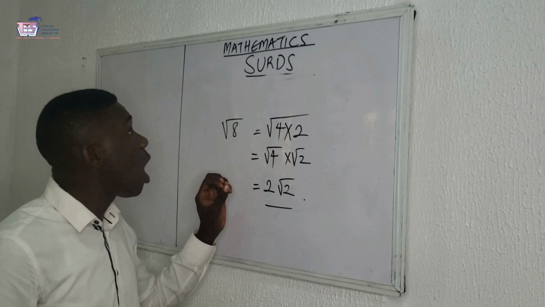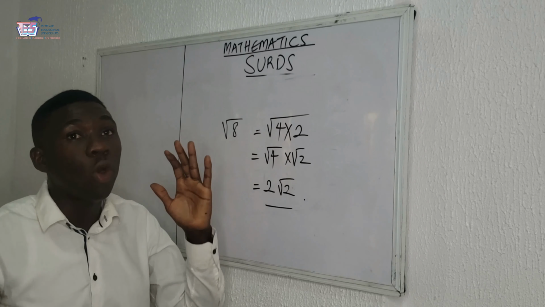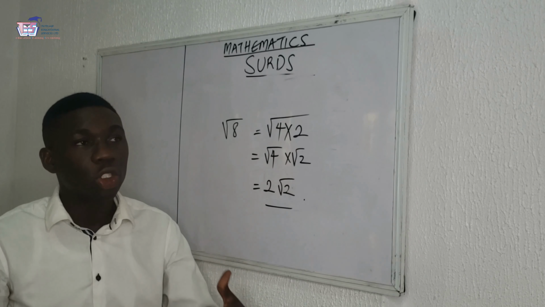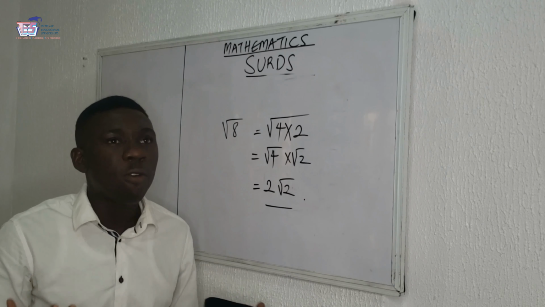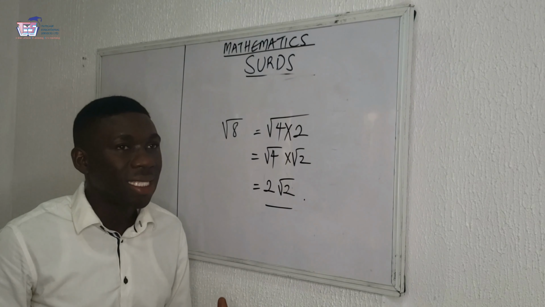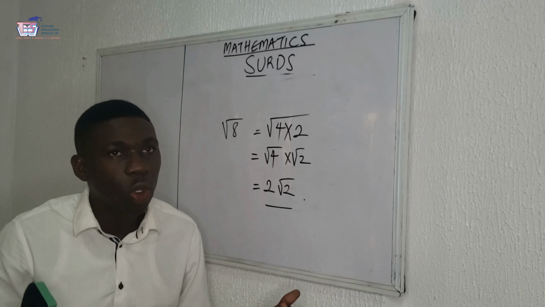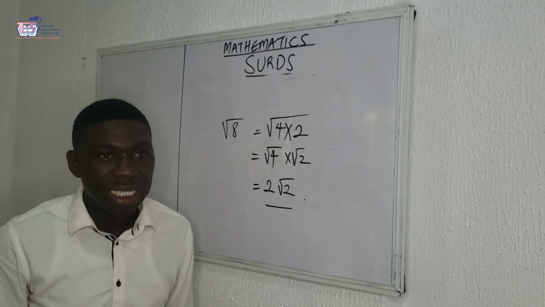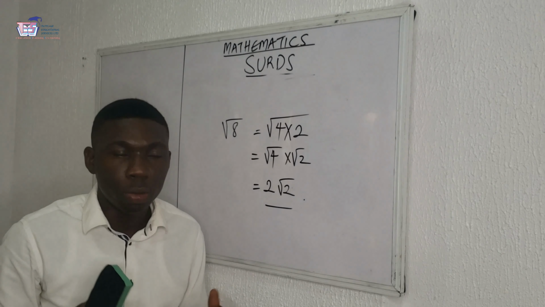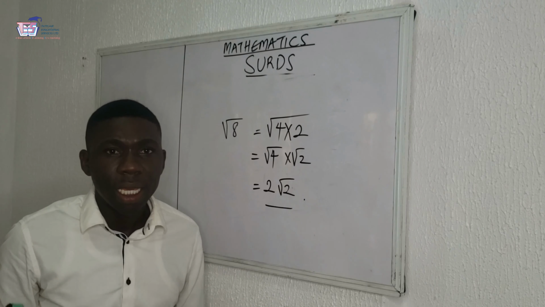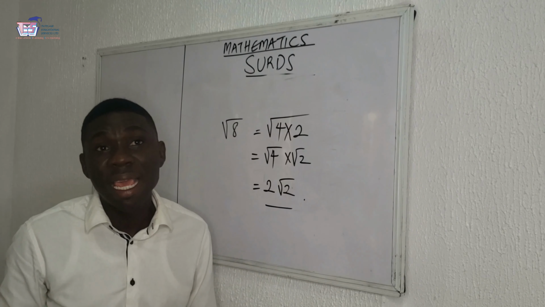With the knowledge of how to write the root of non-perfect squares in surd form, we can go further from now to look at the operations with surds, that is how to add, how to subtract, multiply, divide, and rationalize surds.